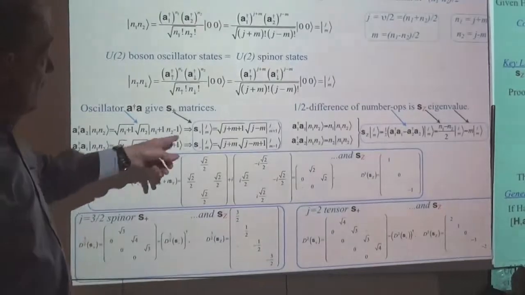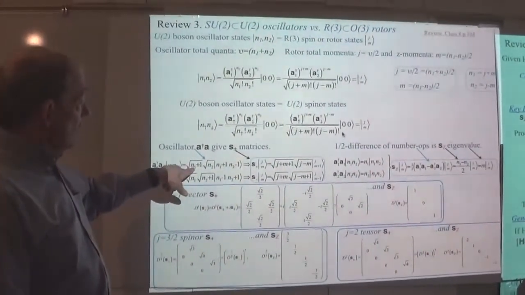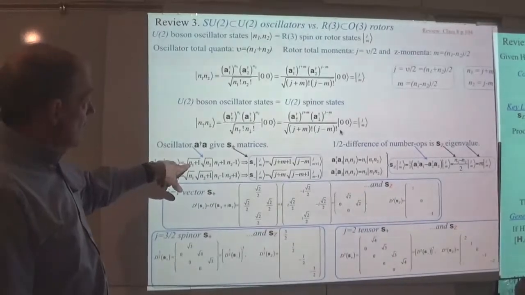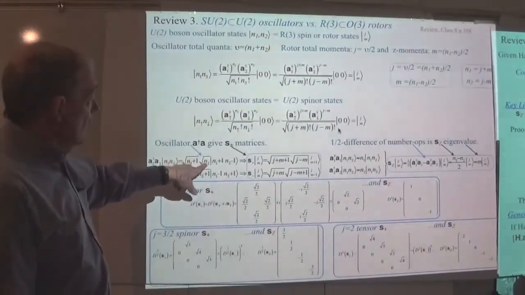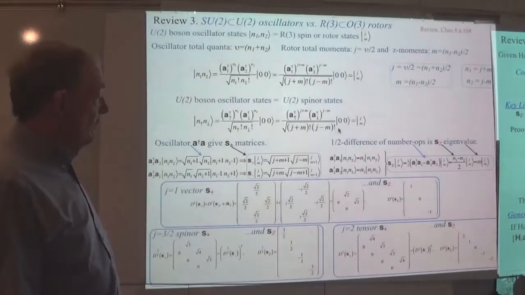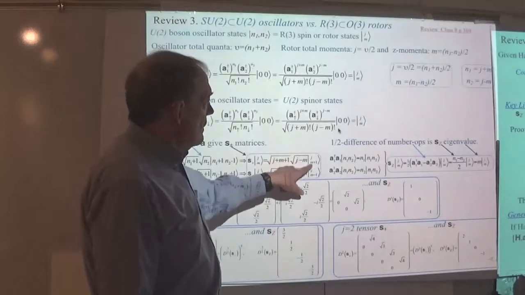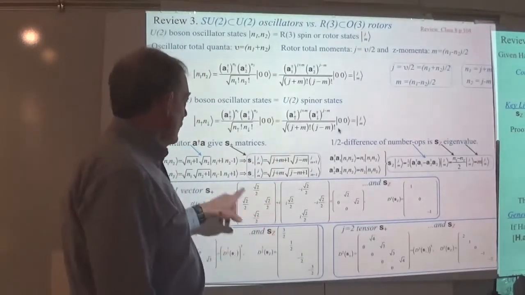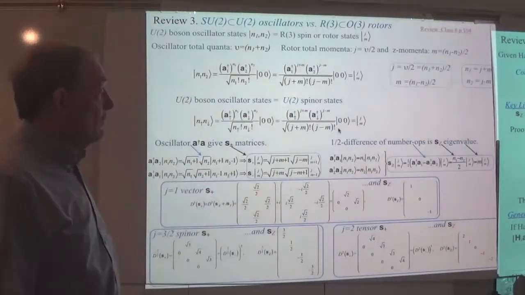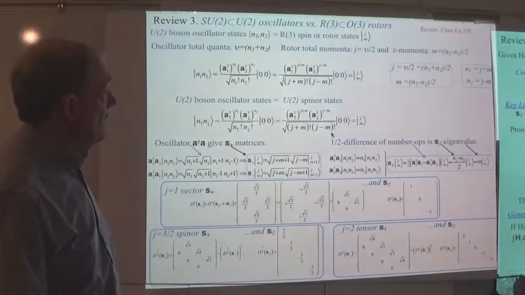And also the raising and lowering operators have the usual square roots of n plus or minus 1, and then the same thing for the second dimension, depending on what it is that you have here. And then these are the angular momentum matrix elements, just identical to these, except for replacing that number n by j plus or minus m.